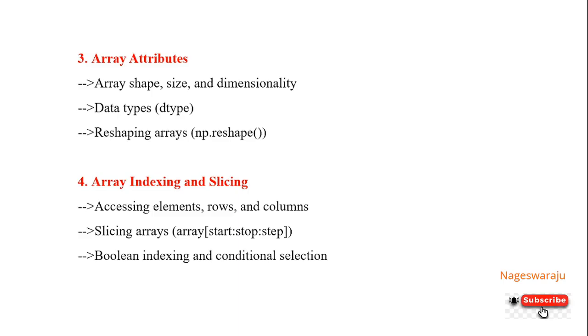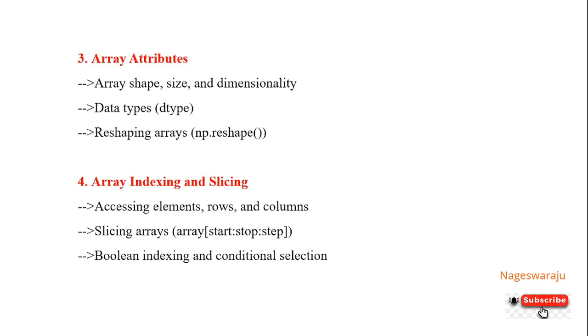Okay. Next, reshaping. Reshaping means that when existing data is there, in that existing array, we need to reshape it. For example, if a 3 by 4 array is there, we can reshape it to 4 by 3. Next, array indexing and slicing.